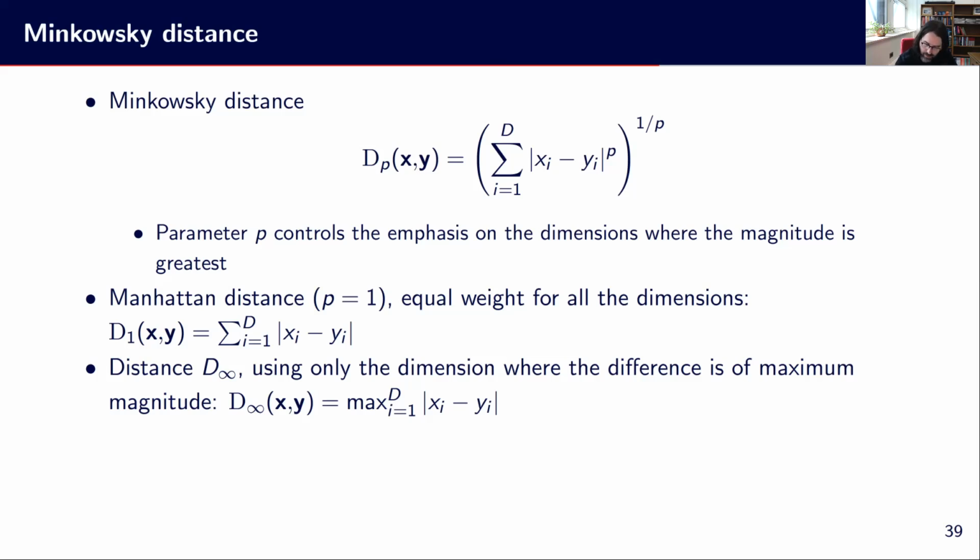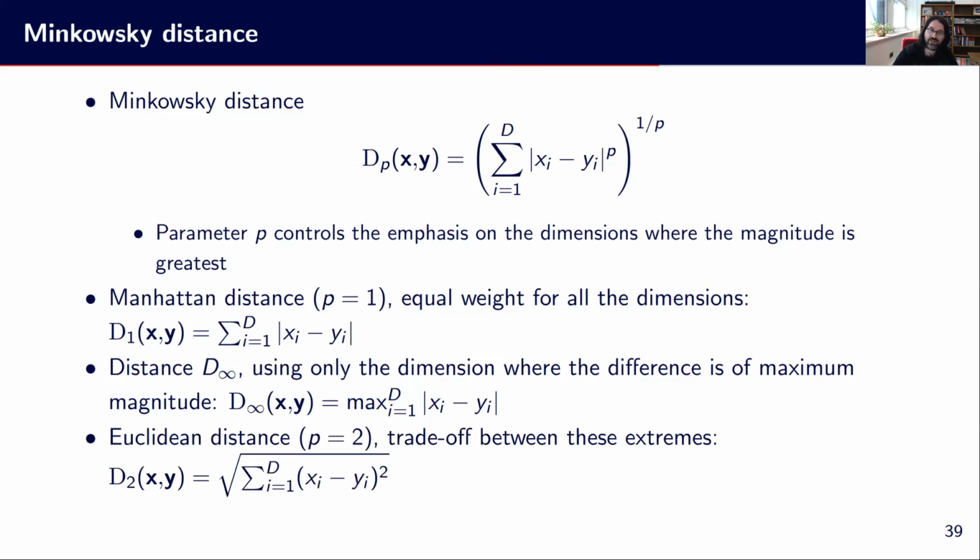So if we go back to our example, we have that here for X, that here for Y, and the X here is much higher than that one. In such a case, only this one is used as the distance, and we just don't care about the other one. This puts all the emphasis on the biggest difference.